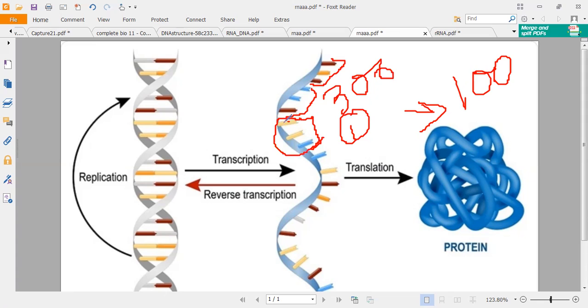For example, here it can be C, G, and U, meaning uracil in place of thymine. So the anticodon will have G, C, and A. The anticodon will be complementary to the codon that the transfer RNA carries.